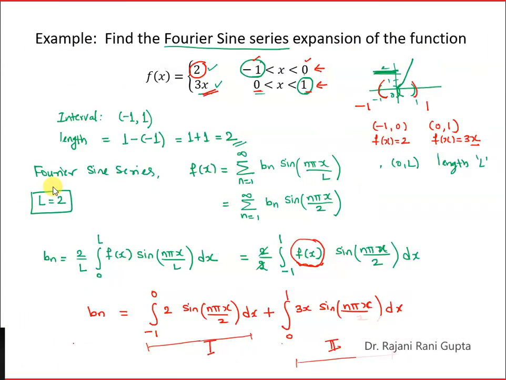So our Bn now is the addition of these two. So let's write Bn, which is 1 plus 2.